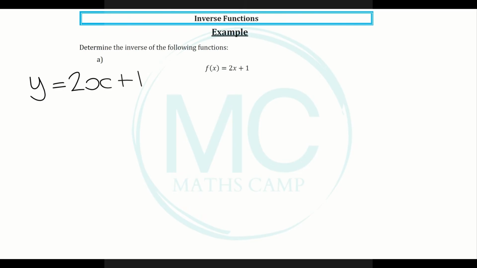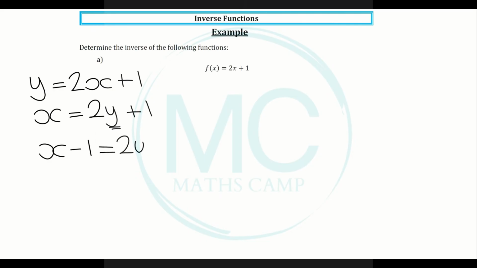Now I swap my x and y variables. So I get x is equal to 2y plus 1. Now I need to make this y the subject of the equation. So let's move 1 to the left. I get x minus 1 is equal to 2y.